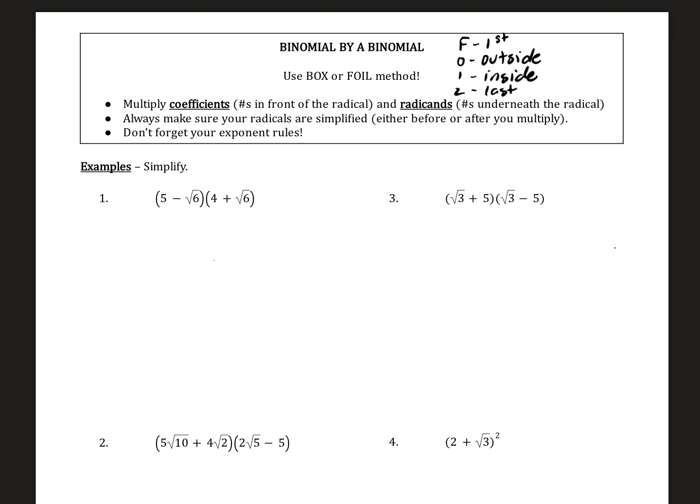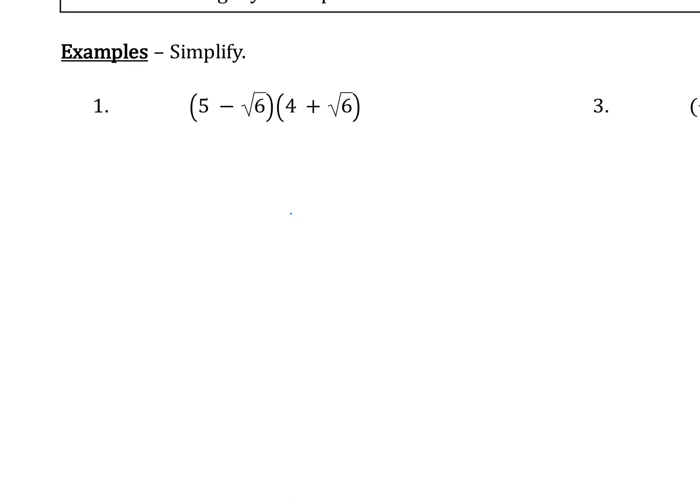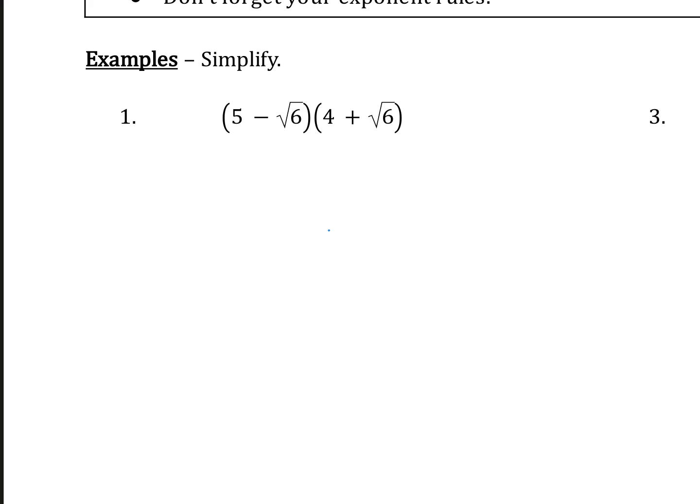Okay, so let's do the FOIL method for example number one. If you want to watch this example first and then watch me do the box method second to see which method you prefer, and then go back and copy the appropriate notes, that would be perfectly fine.